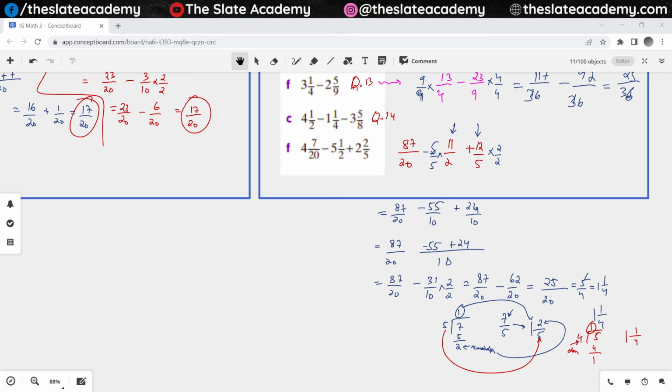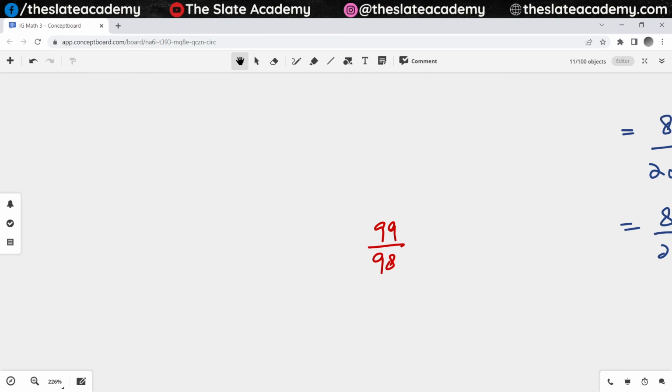So Miss Anam, for you, homework would be, I'm giving you a few improper fractions, and you would give me their compound fractions tomorrow. 99 by 98. Note them down. 99 by 98. Then you have 25 over 19.